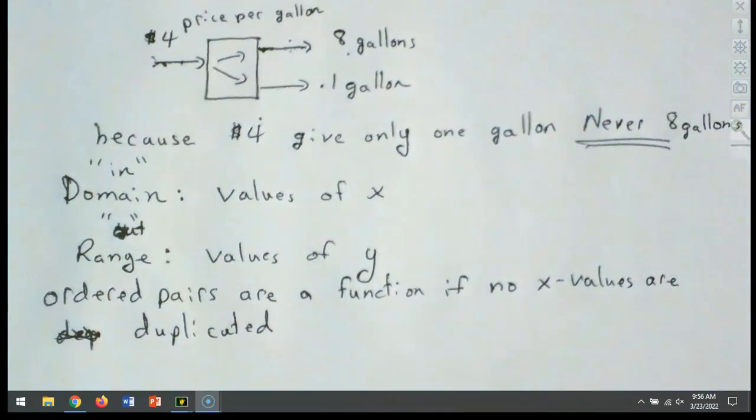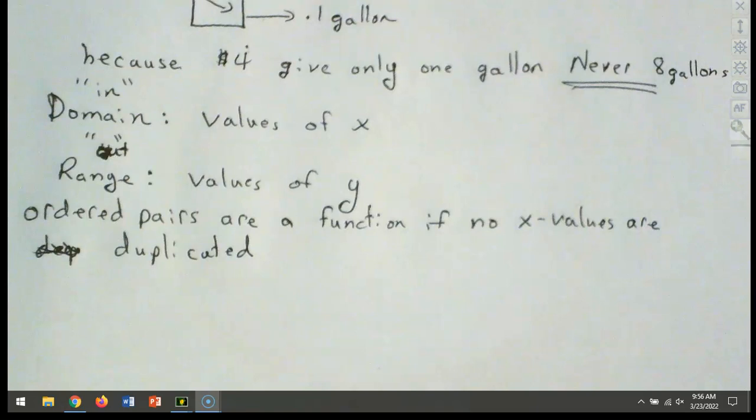So now we're going to look at some ordered pairs, and you're going to find the domain, you're going to find the range, and you're going to tell me if it's a function or not. And these are very simple.